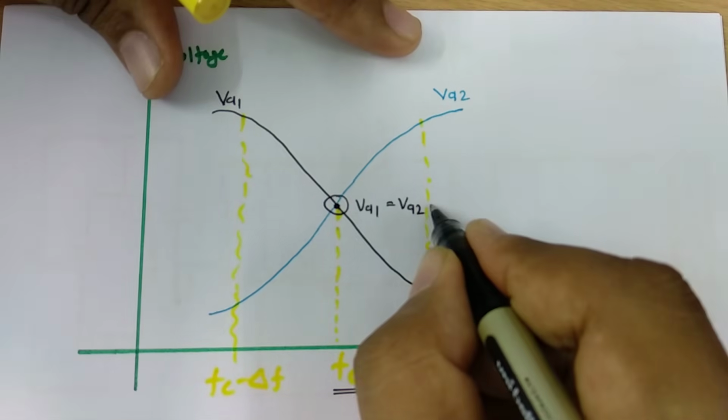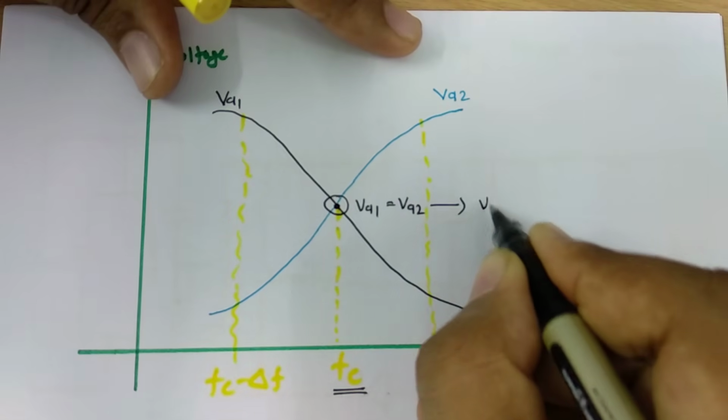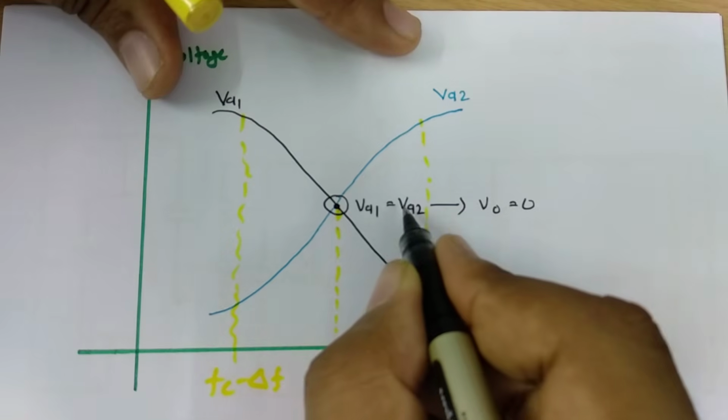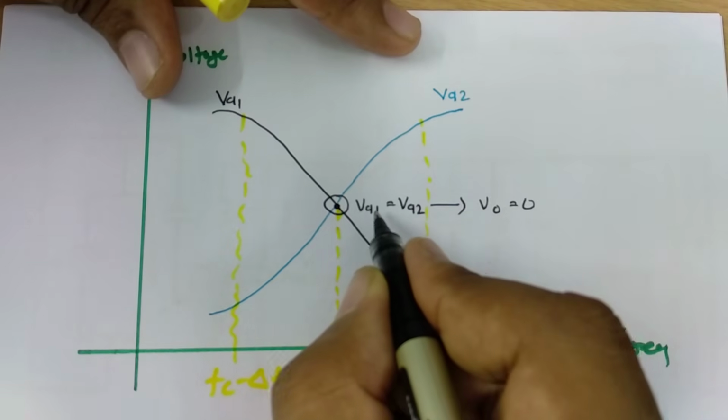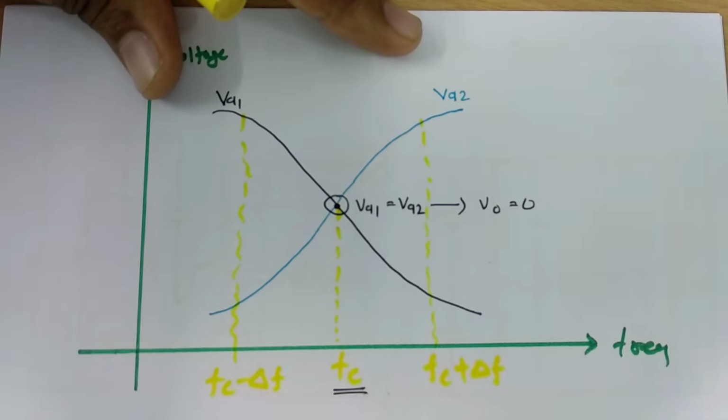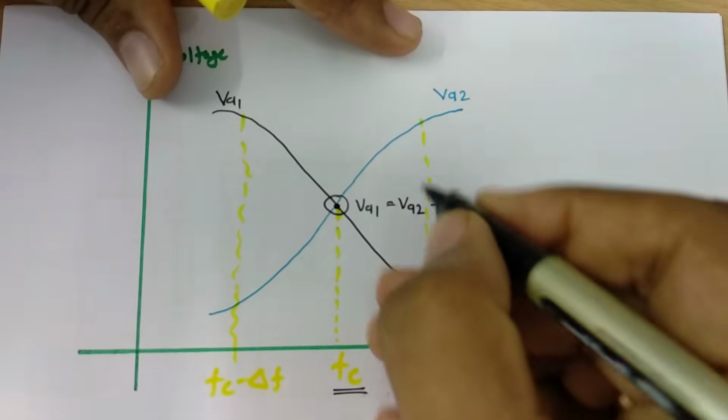So in this case, our output V0 will be 0. The reason is V02 minus V01.